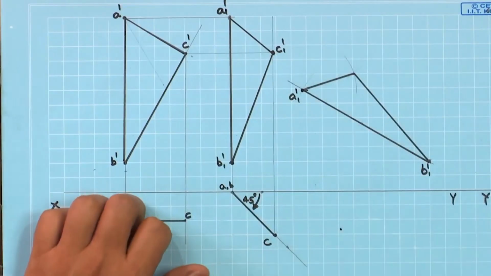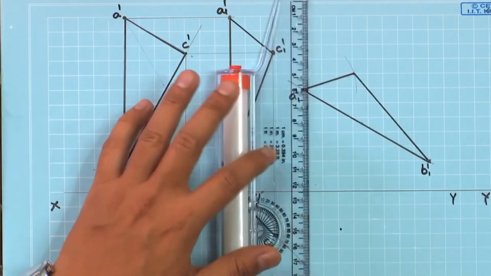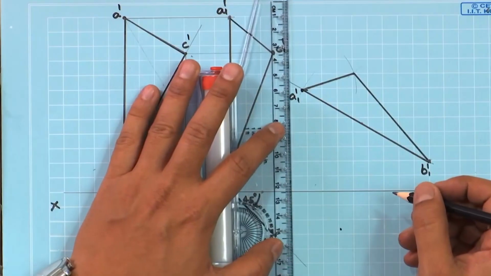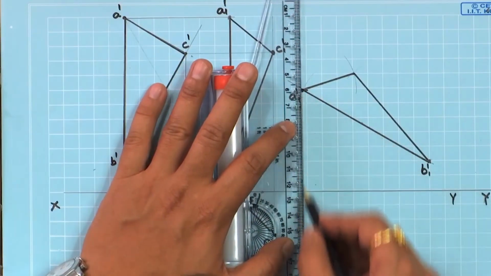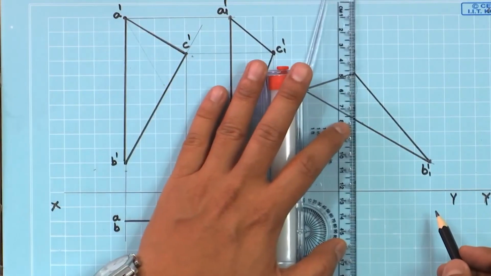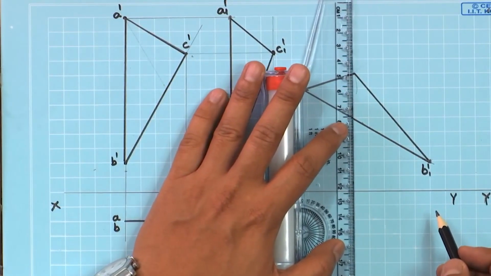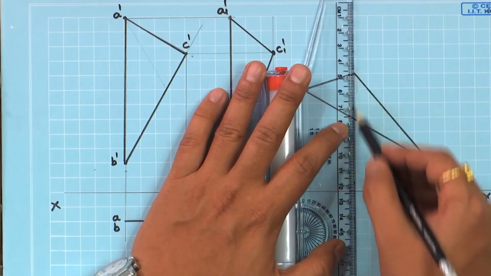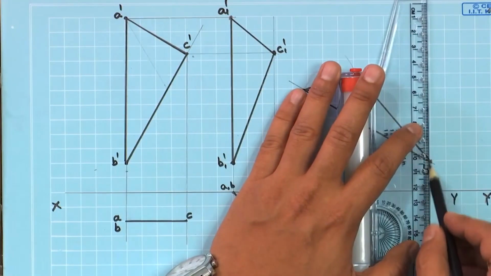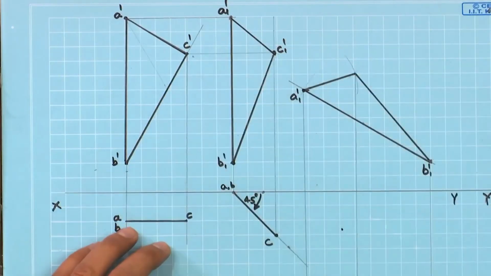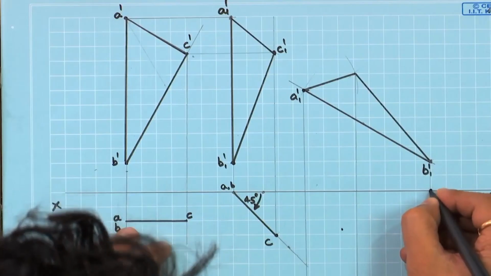Now, let us look at their projections. A1 goes there, C1 goes there, B1 prime goes there. We want to keep this on the vertical plane.